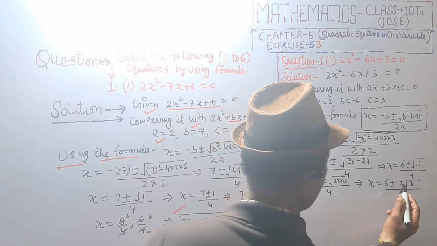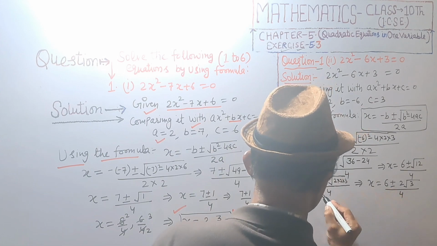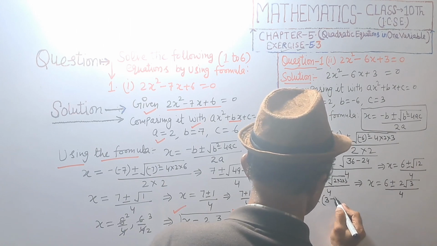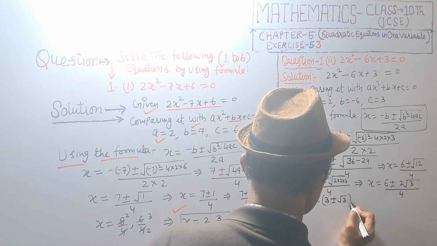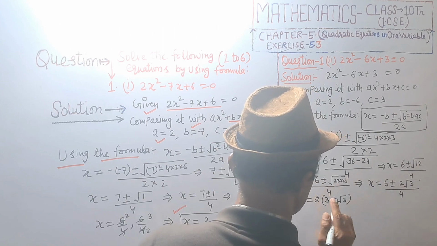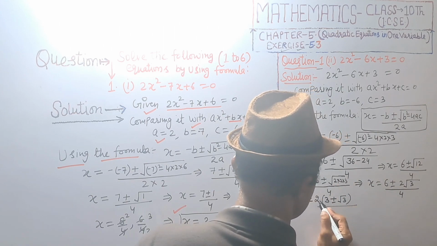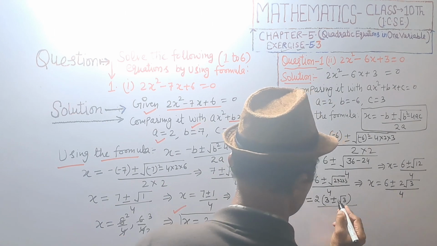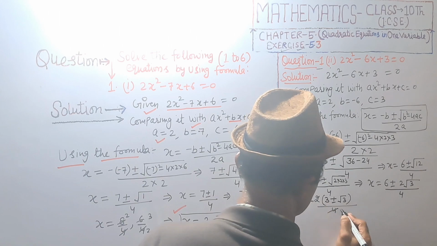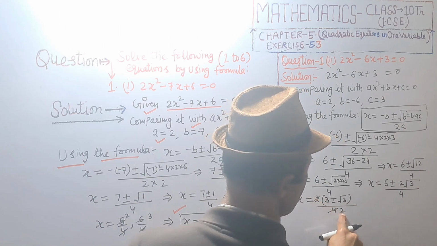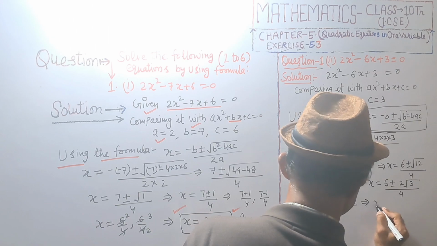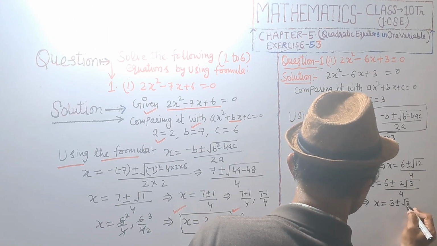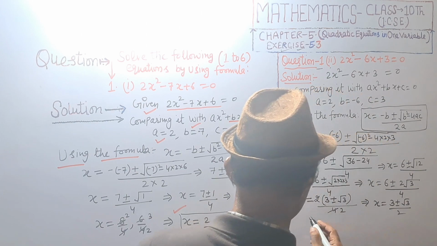x is equal to, we are taking common 2, and in bracket 3 plus minus root 3. 2 is taken common, and in bracket 3 twos are 6, 2 into root 3, that is 2 root 3. 2 is taken common and divided by 4, 2 ones are 2, 2 twos are 4, which implies x is equal to 3 plus minus root 3 divided by 2.